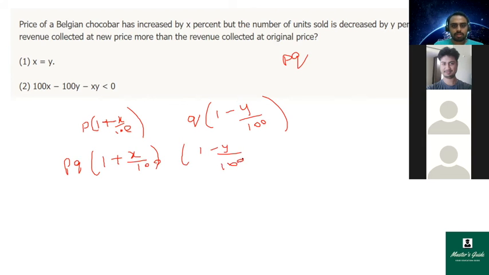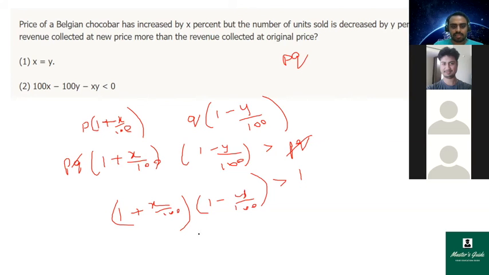Was the revenue collected at the new price more than the revenue collected at the original price? So you just want to determine if 1 plus x by 100 into 1 minus y by 100 is greater than 1. If you take LCM, you'll get 100 plus x into 100 minus y is greater than 100,000.